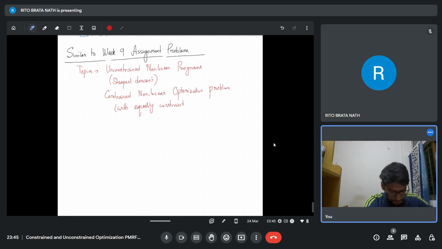So the solution method could be the method of substitution, and then Lagrange's multiplier method. So mostly those things will be covered.